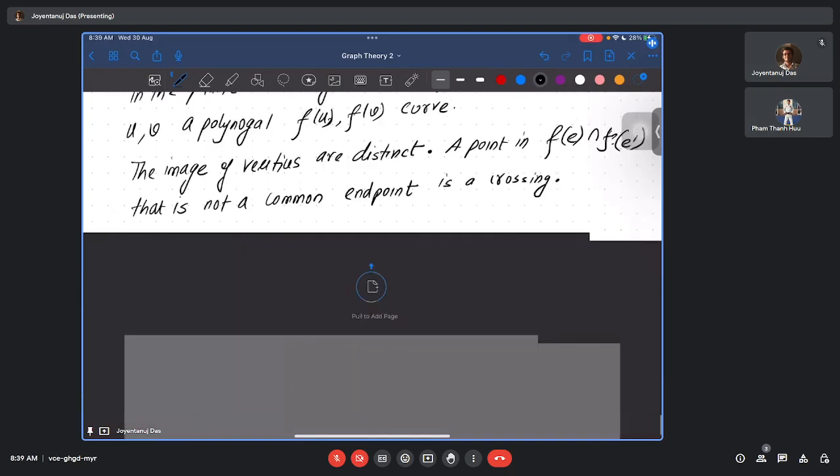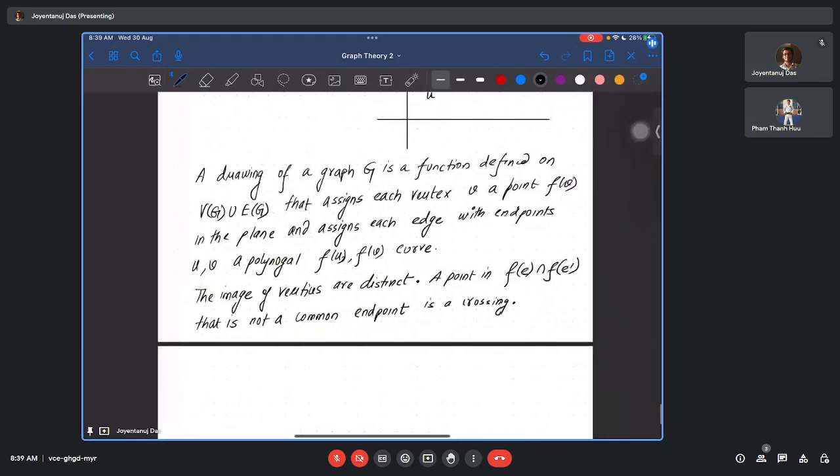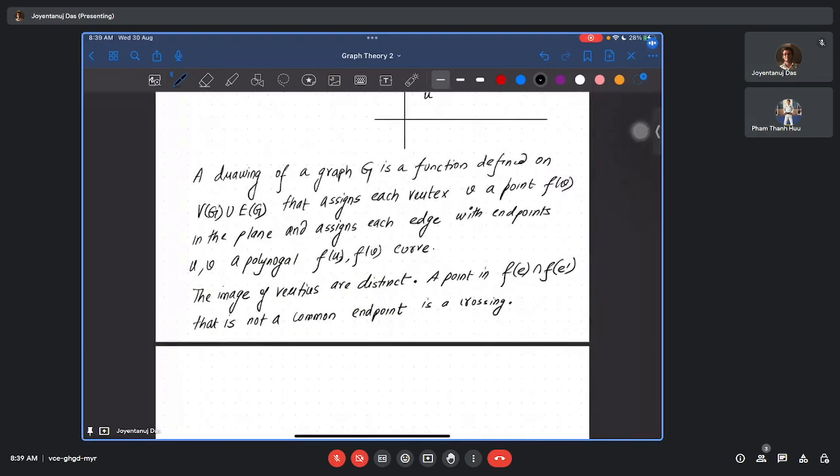So for each vertex, the image will be a single point, which is fine. And for each edge, we are assigning a polygonal curve from f(u) to f(v). Now, suppose two edges are intersecting. They can intersect at the endpoints, or they can intersect in between. That is a crossing, and that is what the last point says.